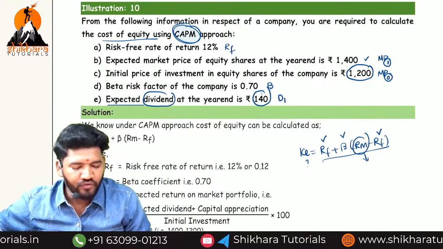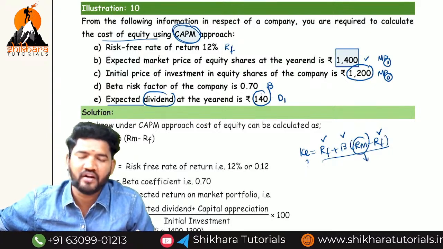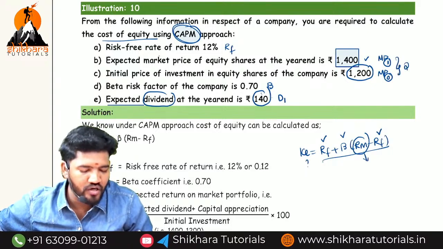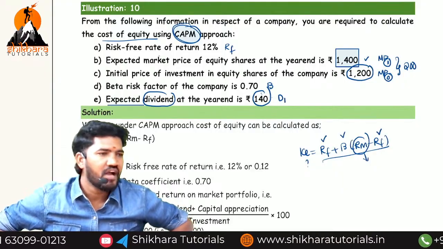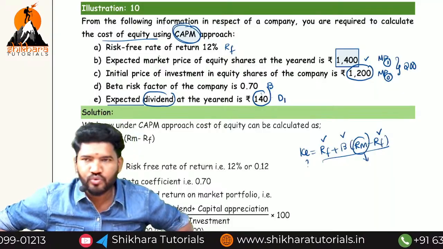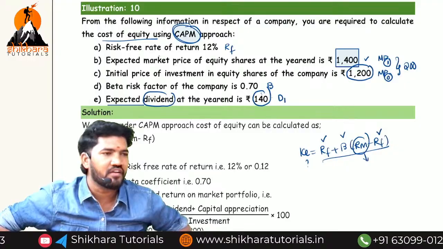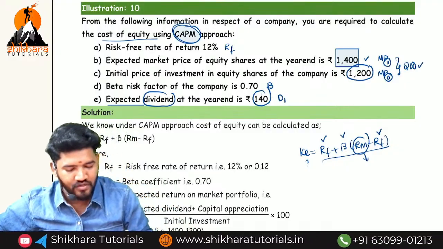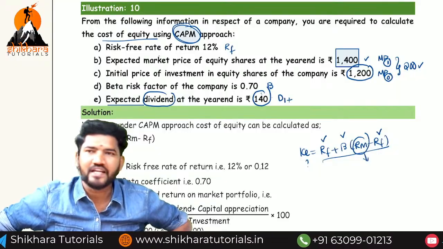As well, if I sell this share in the market for 1400, I will get another 200 rupees extra. I purchased for 1200 and sell for 1400. How much benefit are you receiving? 200 plus 140, 340. Clear?